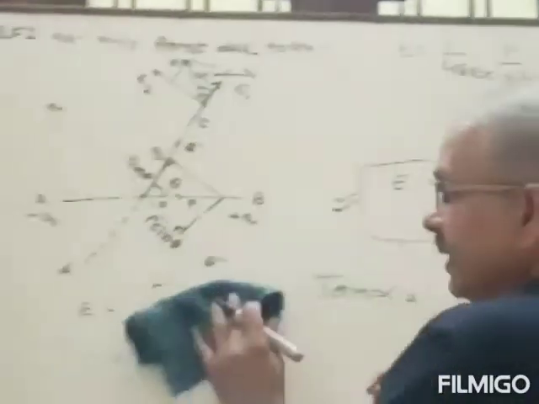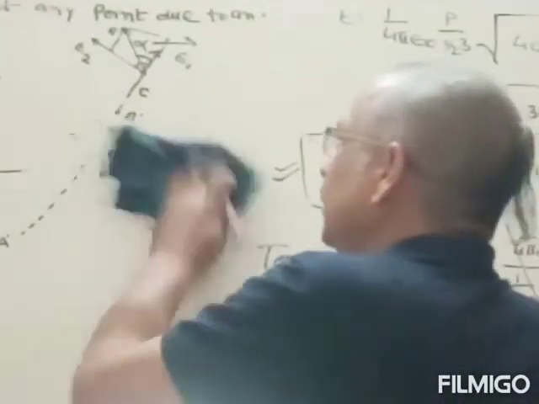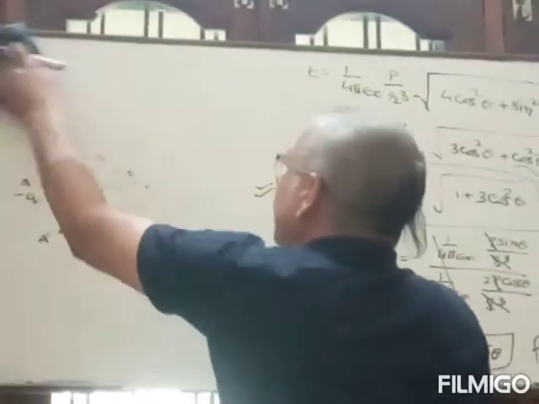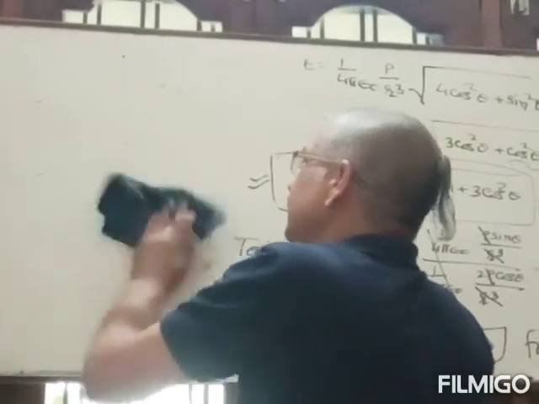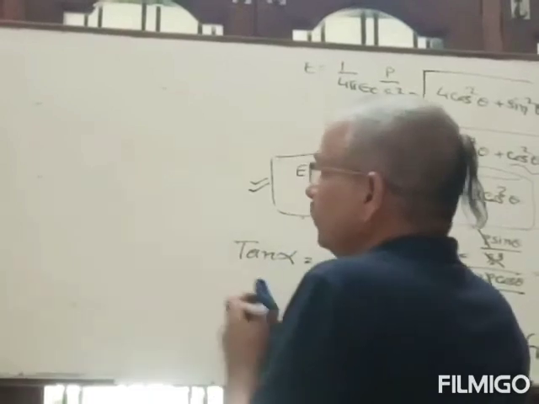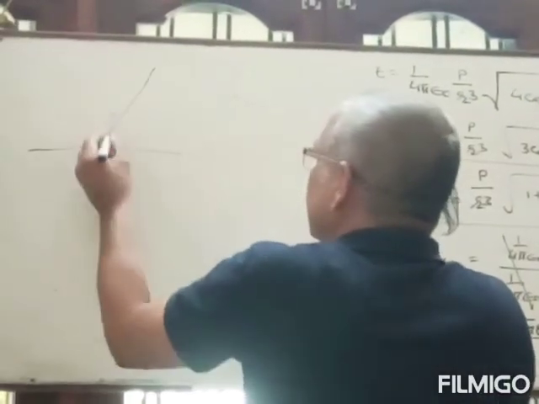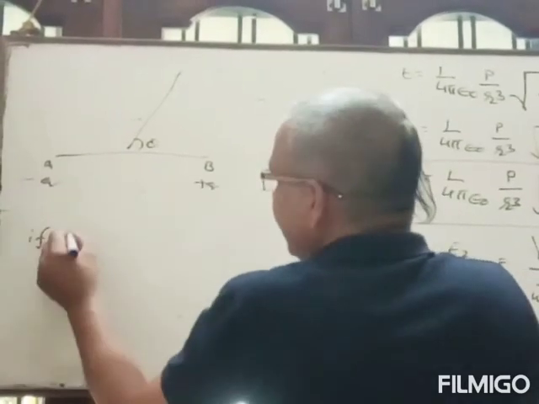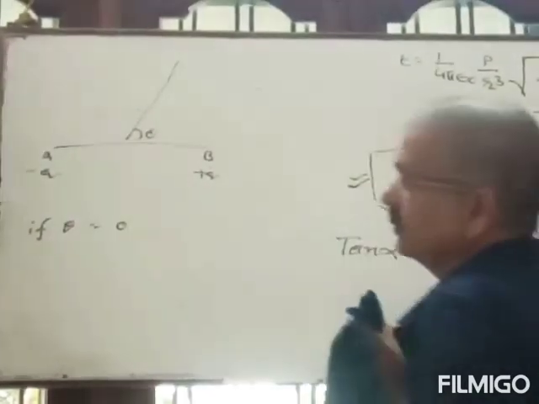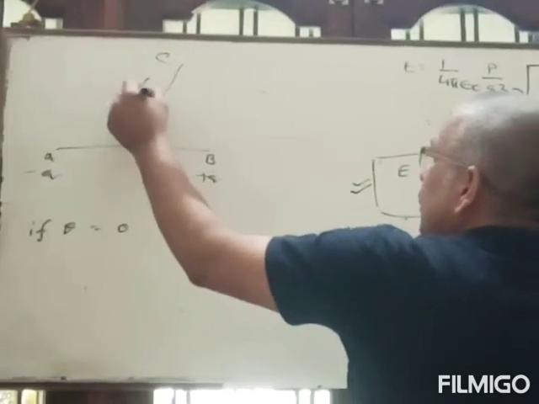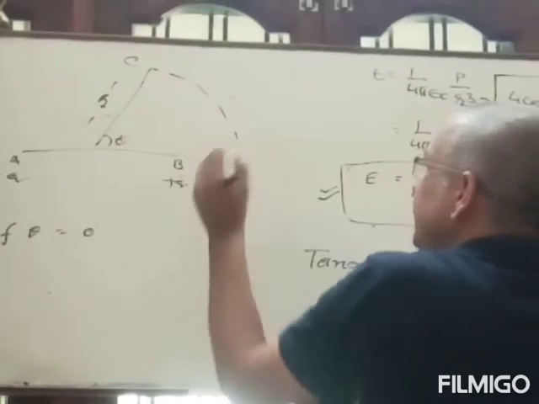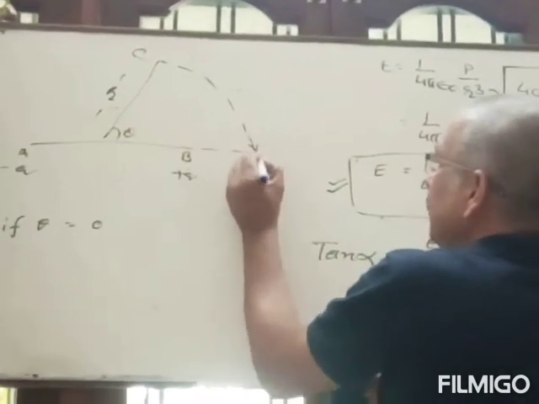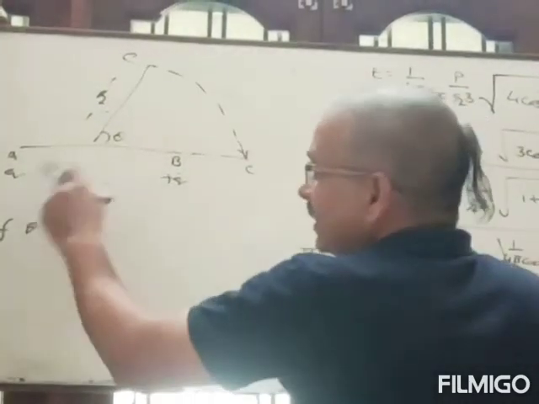So by using this formula we can find the electric field intensity at any point due to an electric dipole, meaning for end-on as well as broadside position. Suppose theta is equal to 0. If theta is equal to 0, it means this point C comes on the axis of the dipole.